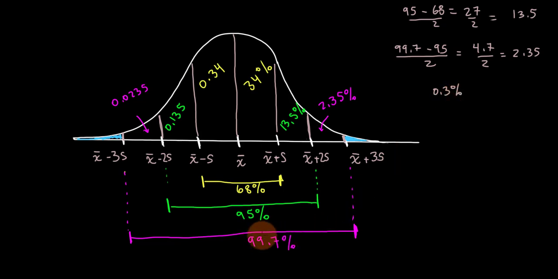Because it would be the remainder between 99.7 and 100%. But that would need to be chopped in half. So that would be 0.15%. Pretty small. And when you write that as a decimal, you have to, like over here on the left side for me to be consistent, you have to move that decimal point to the left 2 spaces. So that's 0.0015.